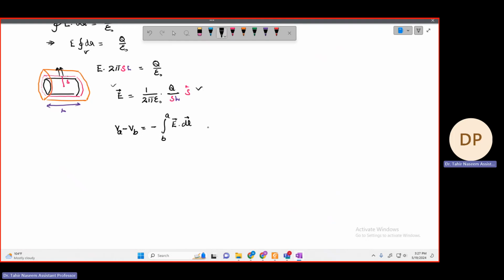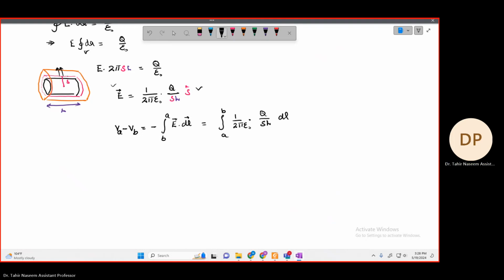And I know what E is, so let me change the limits. If I change the limits from A to B, this minus becomes positive, and then I write, in place of E, 1 over 2 pi epsilon, Q over SL, dl, right?